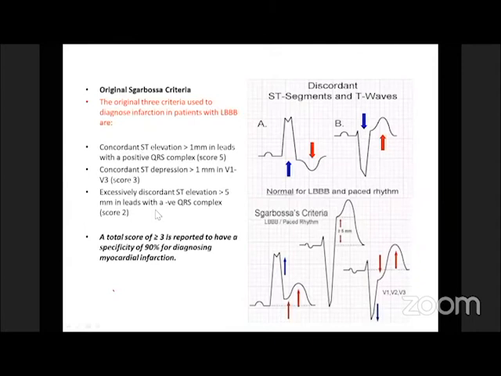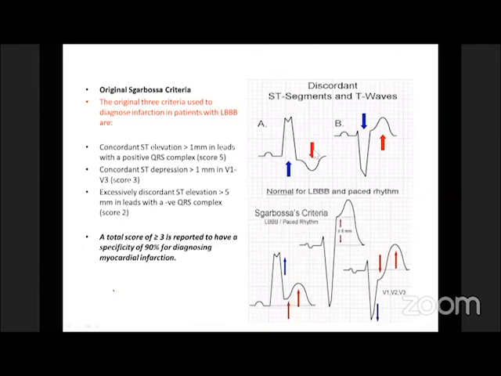We have a criteria which we call Sgarbossa criteria. The original 3 criteria are used to diagnose infarction in patients with left bundle branch block. Usually in left bundle branch block, there is discordant ST segment and T waves.